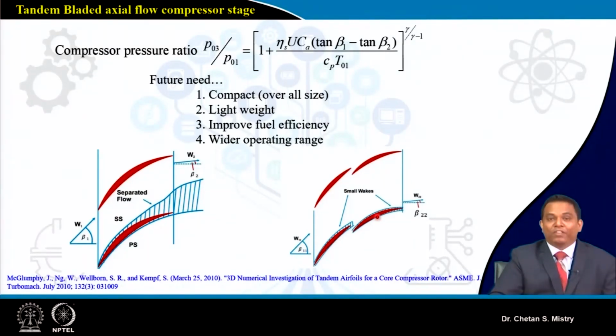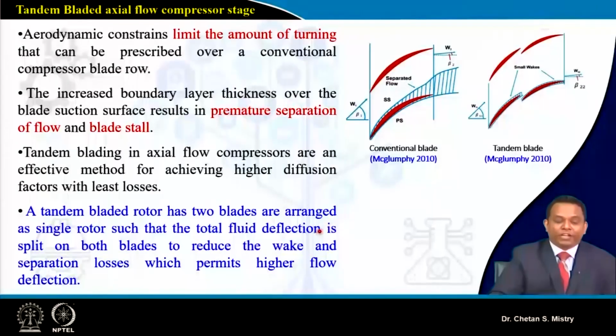So my flow will stick on this surface. This is the concept people are exploring these days, called the tandem bladed concept. As I told, we have a limitation because of high turning, and because of that high turning there are more chances for your flow to separate. To avoid that kind of separation we are discussing the tandem bladed configuration.